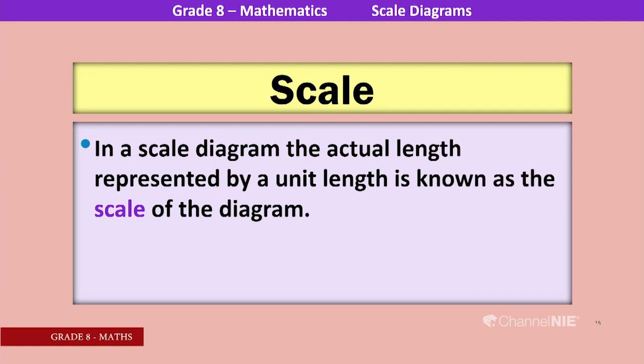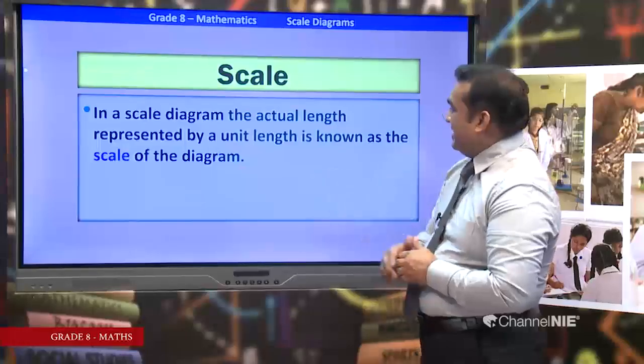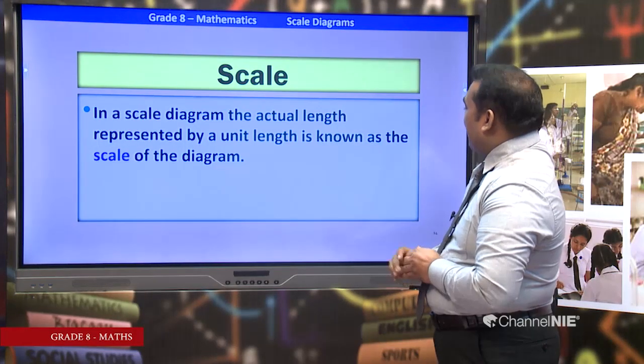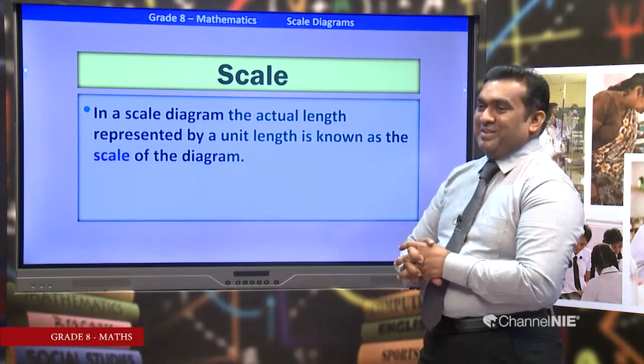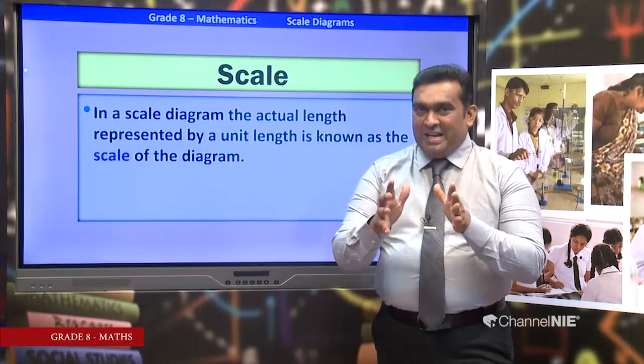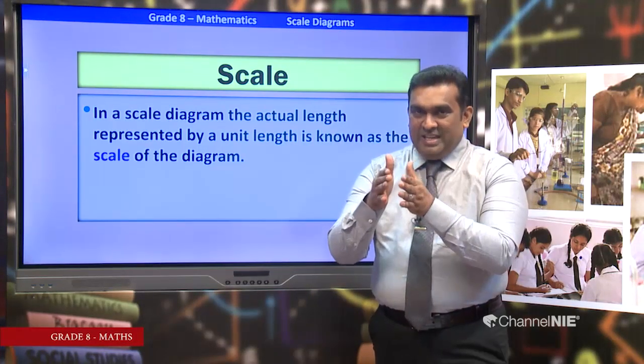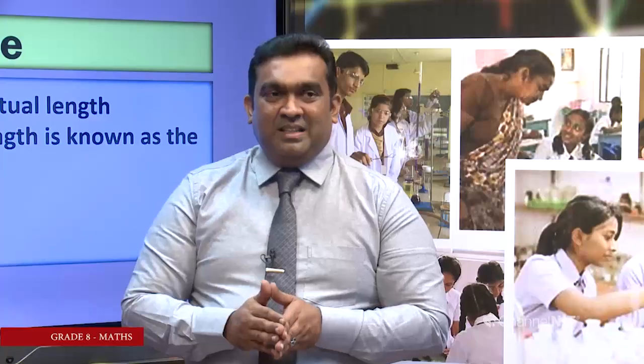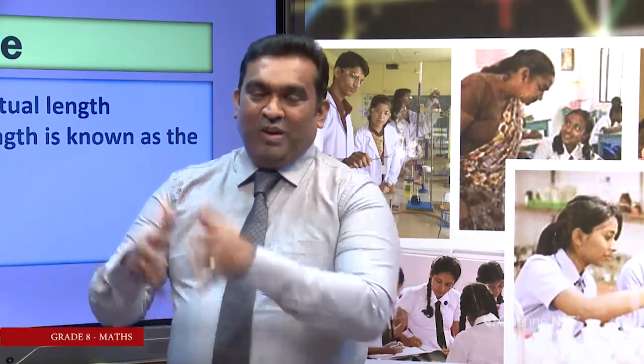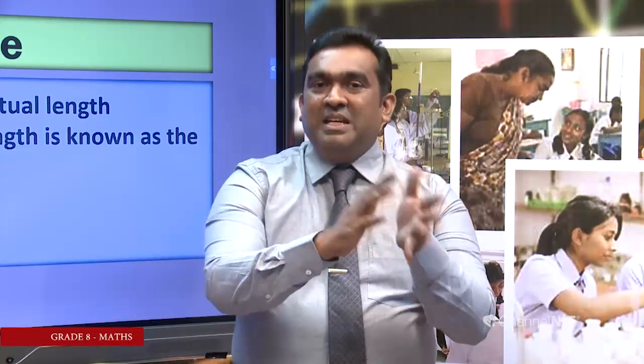In a scale diagram, the actual length represented by a unit length is known as the scale of the diagram. The scale of a diagram is based on a unit length, 1 centimeter, that is our unit length. 1 centimeter represents 20 meters.